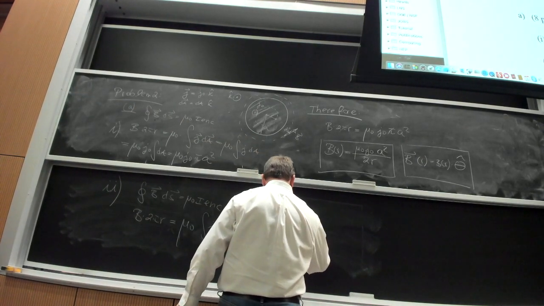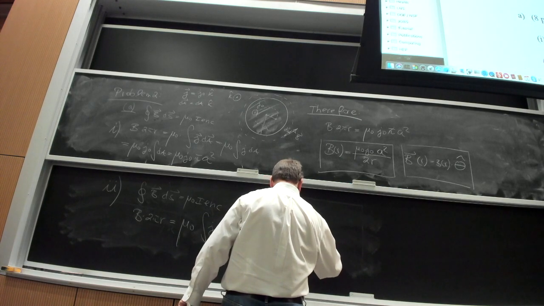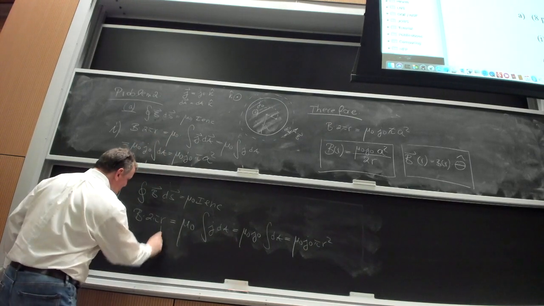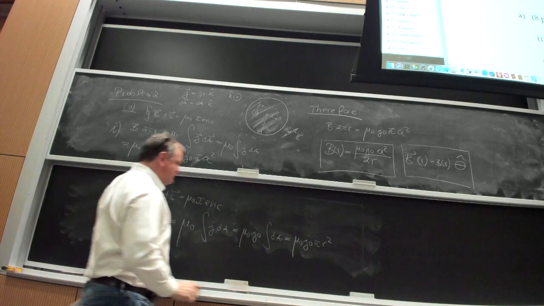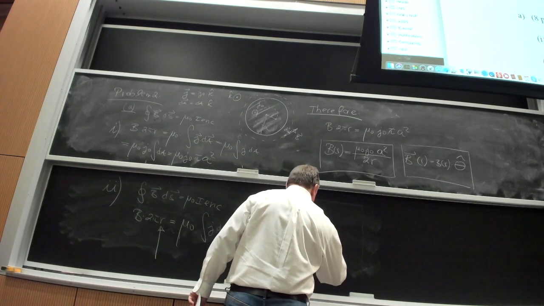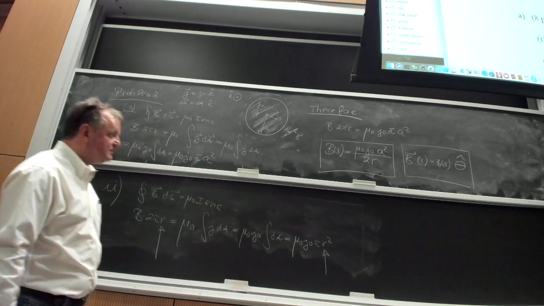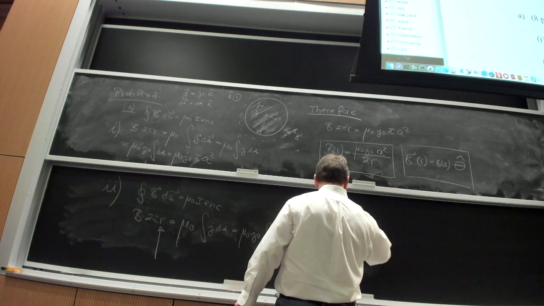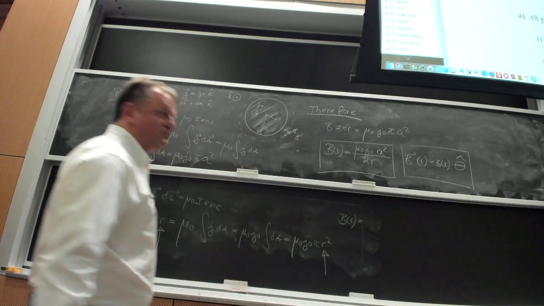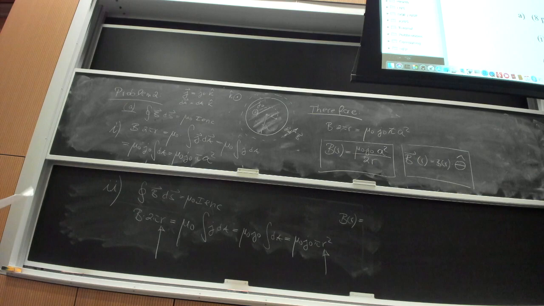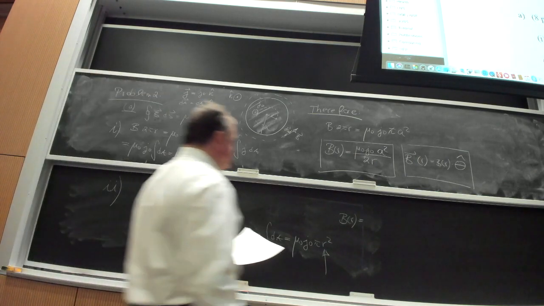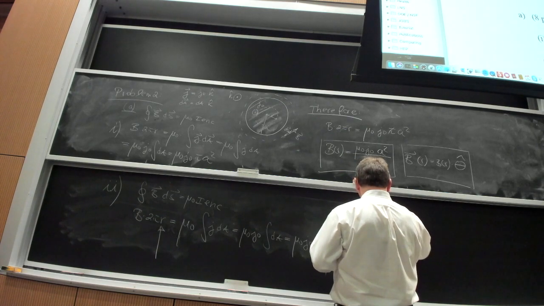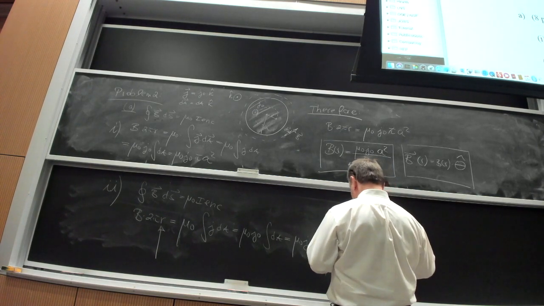So this will be then mu naught J naught pi little r squared. And now you see you have the same r on the left-hand side and the right-hand side, which is very different than before. And now you end up with a magnetic field which is proportional to r and not to 1 over r. So you have then mu naught J naught times r divided by 2.